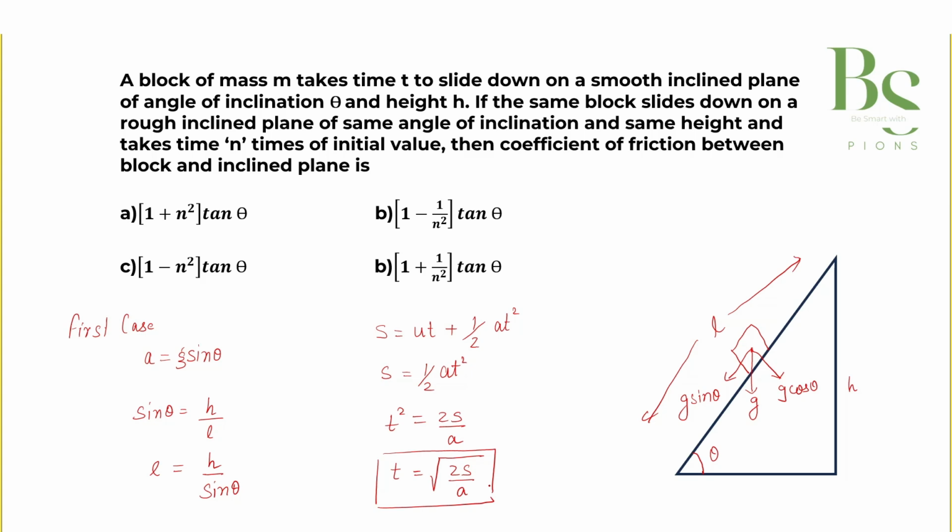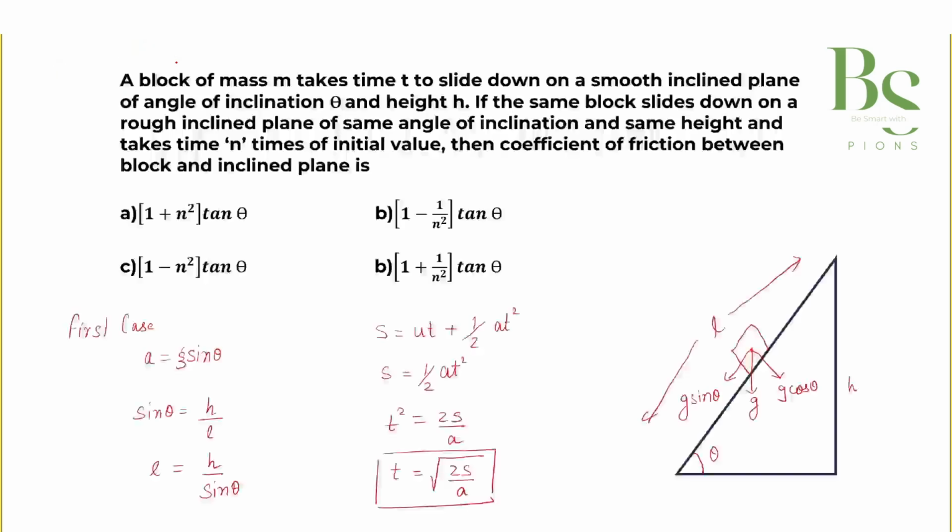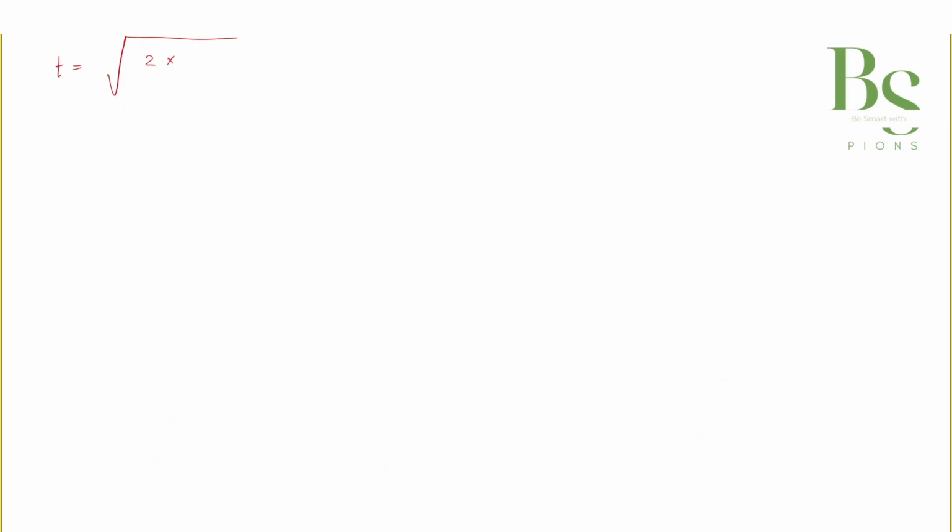Now what is s? s is the distance it will travel, right? So this s is L, the length, and acceleration a is g sine theta, correct? Let's substitute that and find the time in the first case. So t will be equal to root under 2s upon a. What is s?